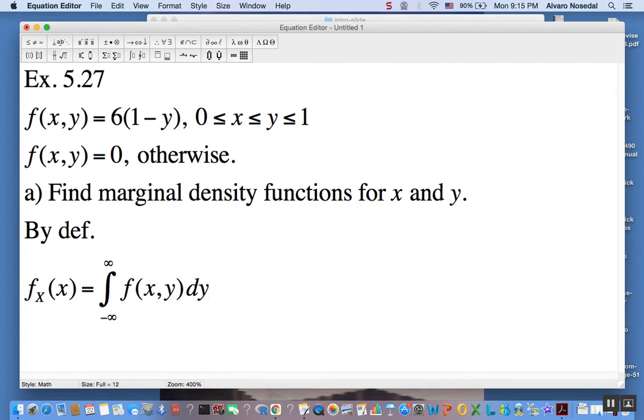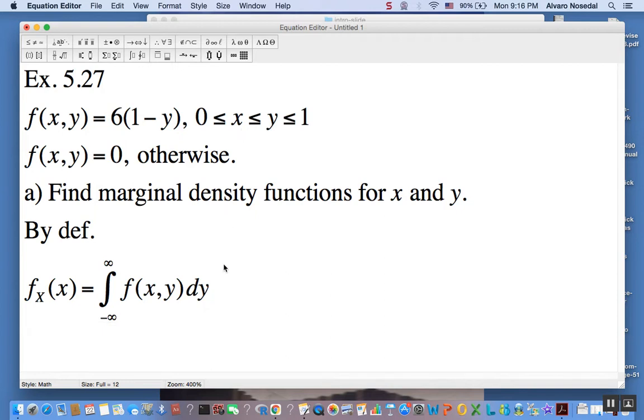Now let's see. We know that outside this region we have 0. So the only part that counts for y is the y's that satisfy these inequalities. If y is less than or equal to 1, and if y is greater or equal to x.